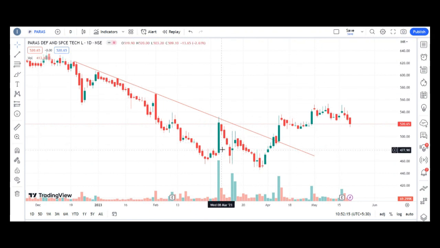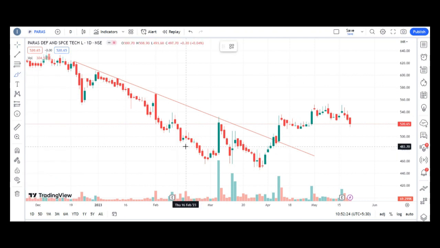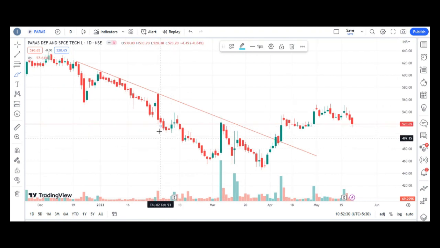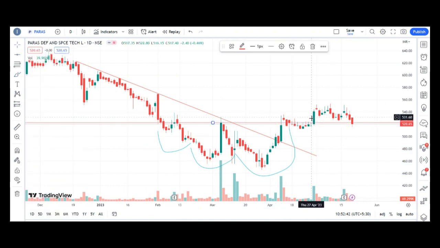Then again, if you look here, we have a shoulder, head, another shoulder, and this was a breakout.